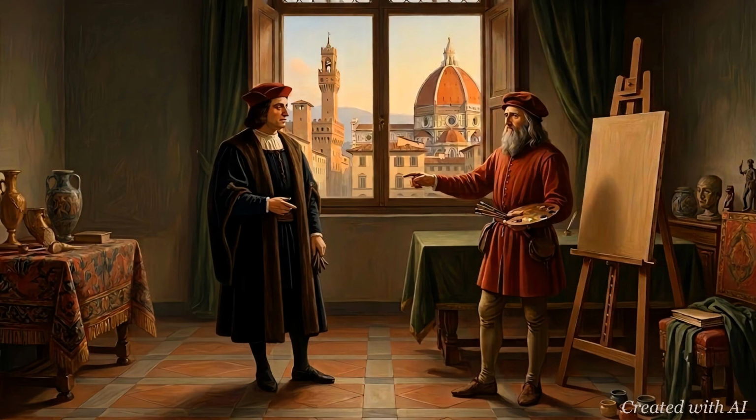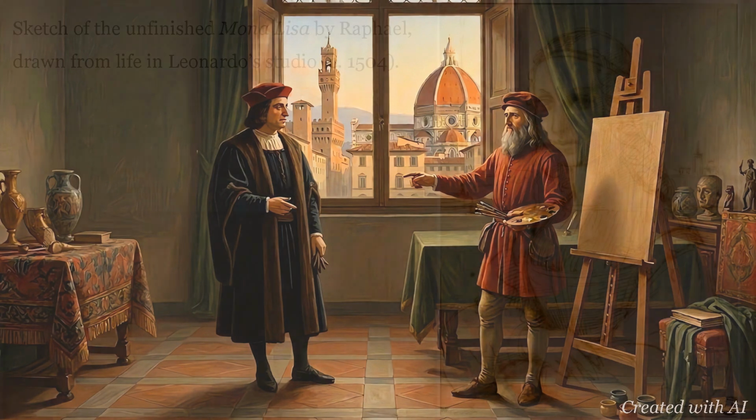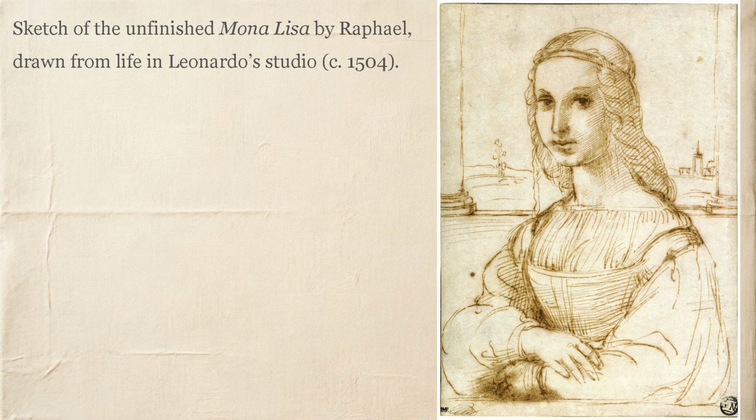In 1503, a Florentine merchant named Francesco del Giocondo approached Leonardo with a routine request. He wanted a portrait of his wife, Lisa Gerardini. Leonardo took the job, used it to test a brand new painting technique, and then proceeded to never give the painting to the client.